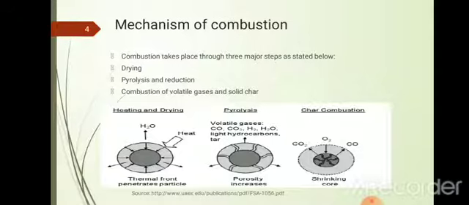Combustion here means two cases. One is volatile gas combustion, that is carbon monoxide and hydrogen, which further burn in the third stage to convert into carbon dioxide and water vapor, and at the same time the solid carbon left also burns. That is known as char combustion. So this is the overall picture of how combustion happens stage by stage.